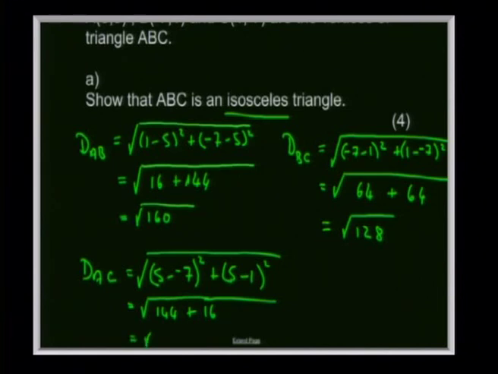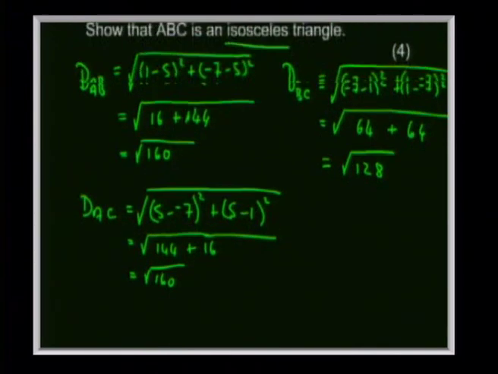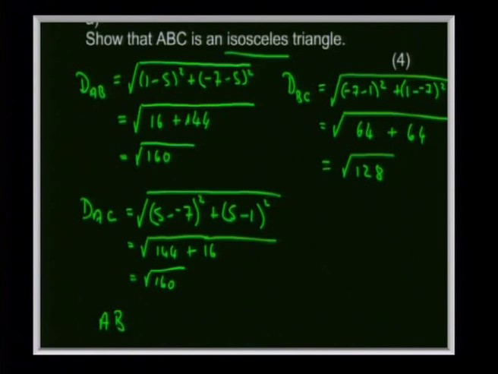Aha, we've got it. Square root of 160. So what are we going to say to finish off this question? We're going to say that AB is equal to AC, therefore ABC is isosceles.